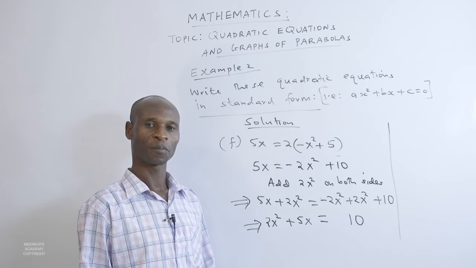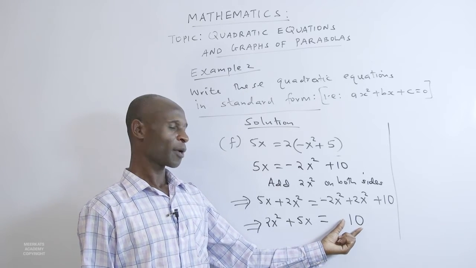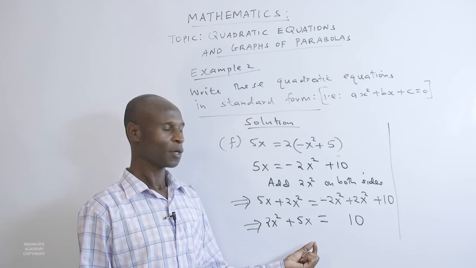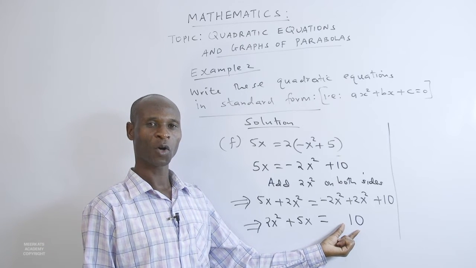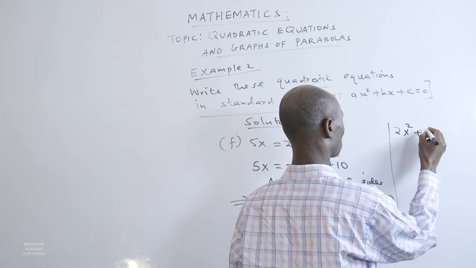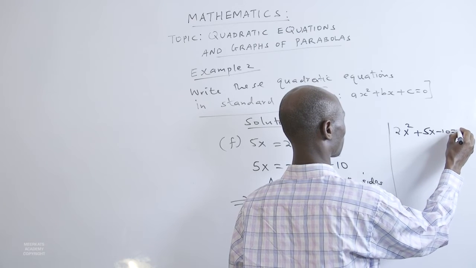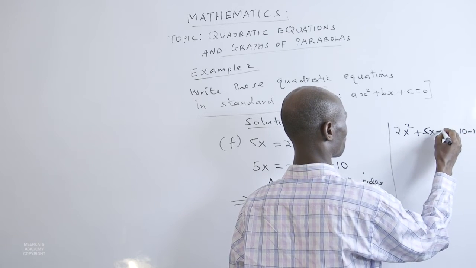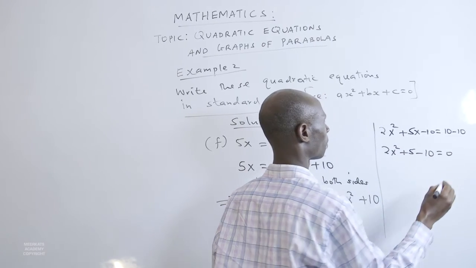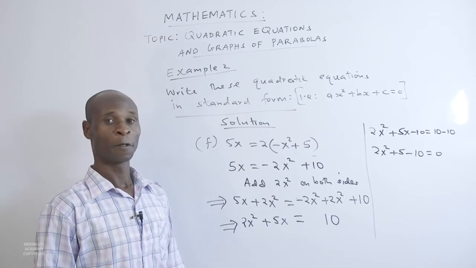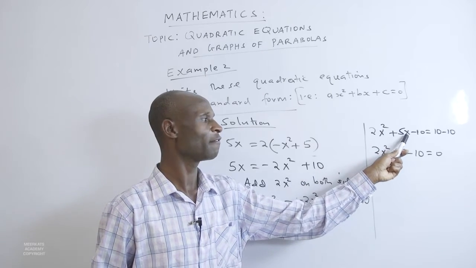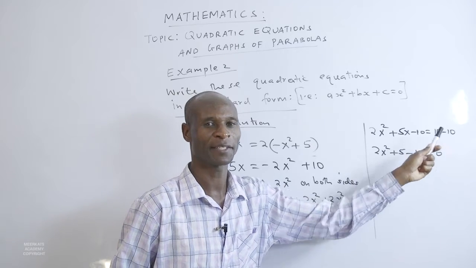So what do we do? To express this particular equation in standard form, we are supposed to subtract 10 on both sides because 10 is positive. If we subtract 10 on both sides, we shall have 2x squared plus 5x minus 10 is equal to 10 minus 10.